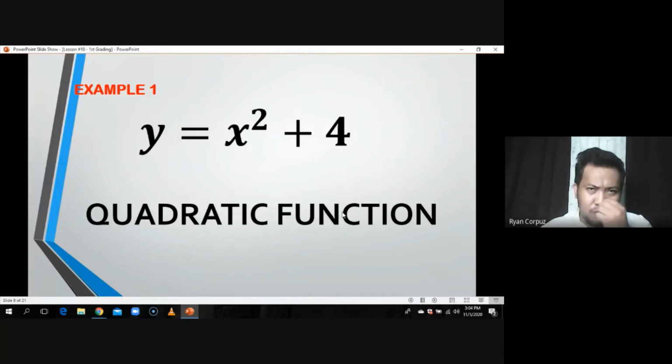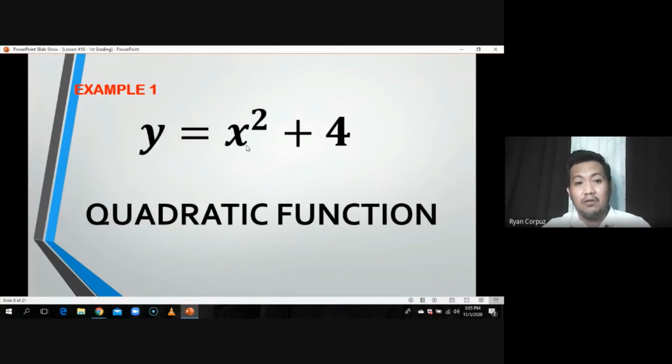Now, if you know the definition of quadratic equation, that definition is still applicable. It means it's not always that the given equation is complete, with a quadratic term, a linear term, and a constant term. Remember that we have quadratic equations that are considered quadratic equations even without a linear term or even without the constant term.